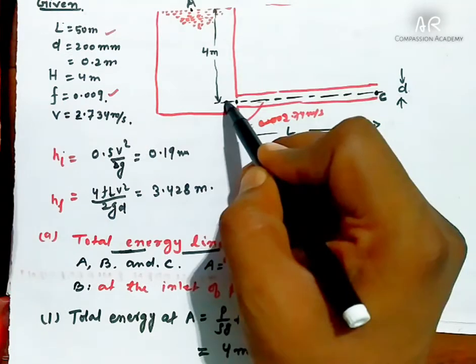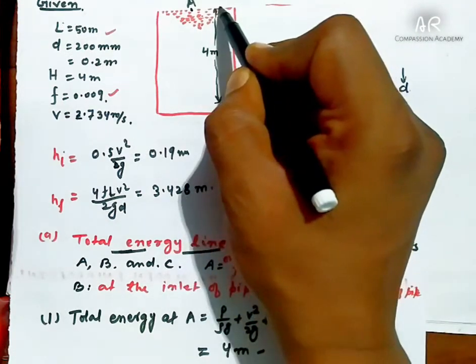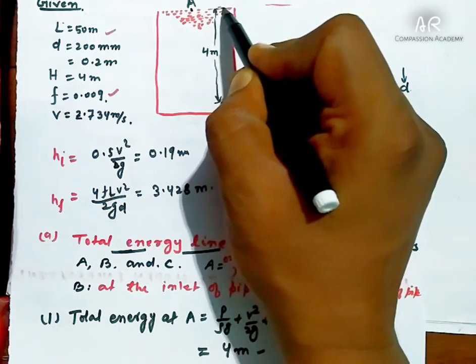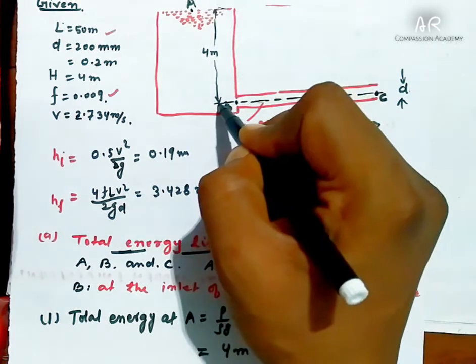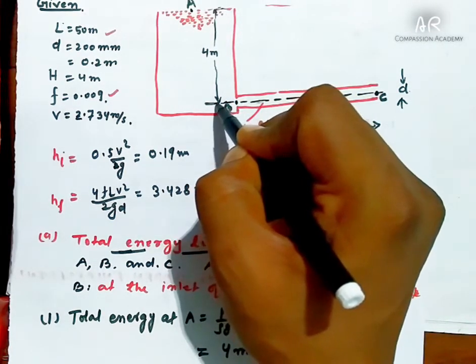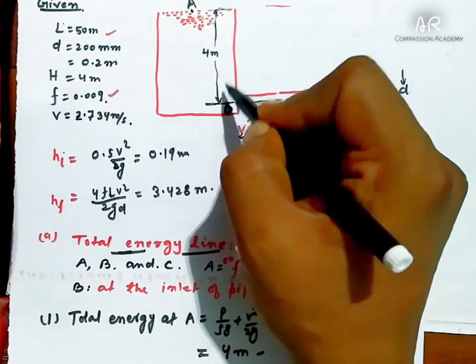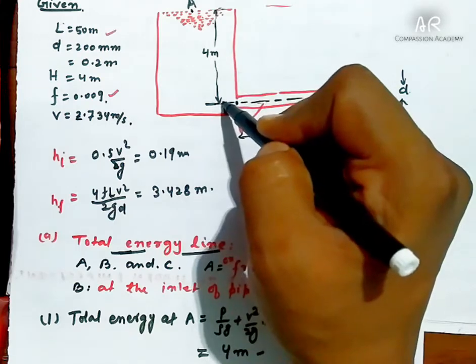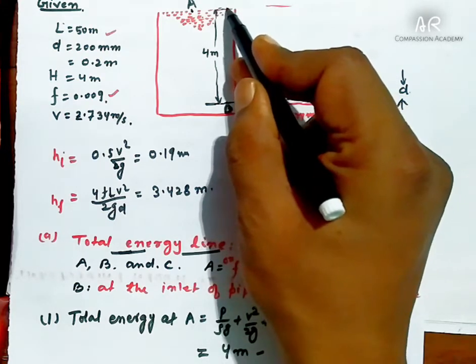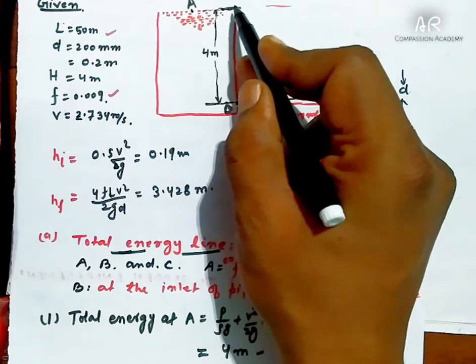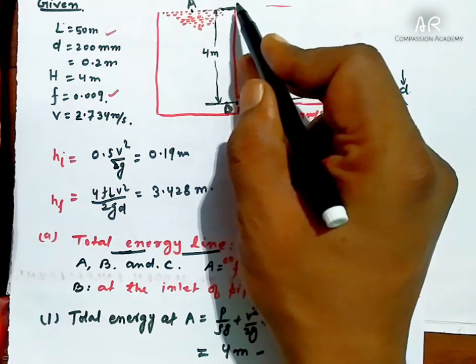So from this point, 4 meters comes on the surface of the liquid, so it coincides with the surface of the liquid, because our reference line is the center line. So 4 meters from this reference line comes to this line and coincides with the top surface, from the free surface.